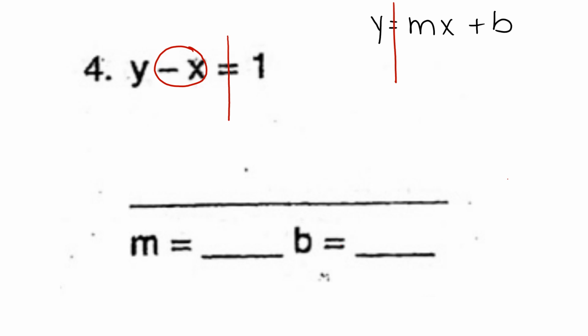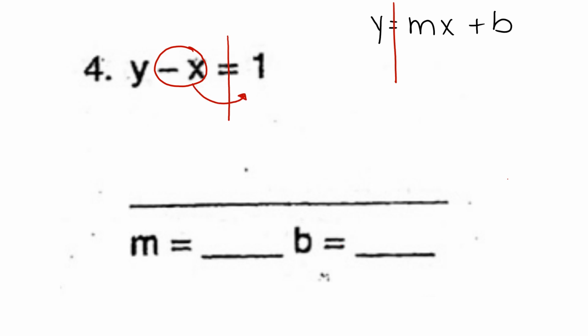For number 4, we again reference our general equation, y equals mx plus b, wanting the y to be on the left-hand side by itself, the mx to be on the right-hand side of the equal sign, and then the plus b to be at the back. Looking at our equation for number 4, y minus x equals 1, we want to move that minus x from the left-hand side to the right-hand side.